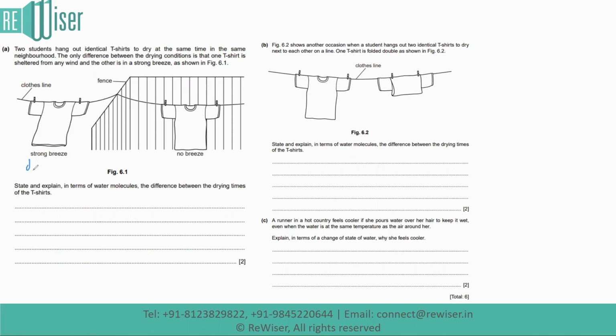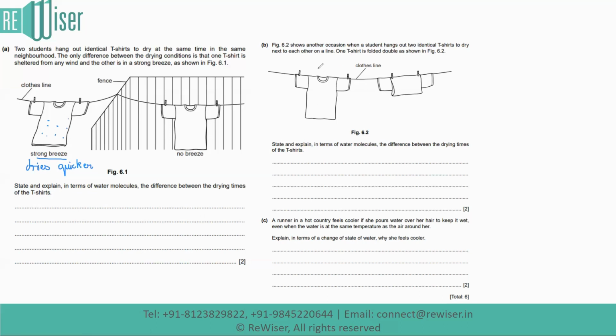So this one dries quicker, whereas the other one dries much slower, owing to the fact that the strong breeze gives the water molecules that are on the cloth kinetic energy, and these water molecules which now possess kinetic energy can be gotten rid of much faster from a wet cloth or from a drying cloth.